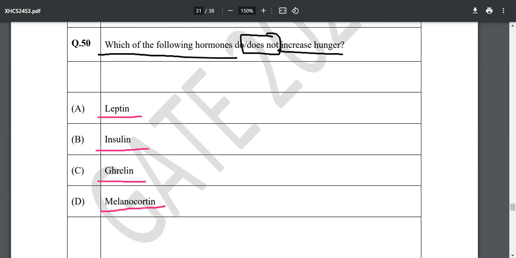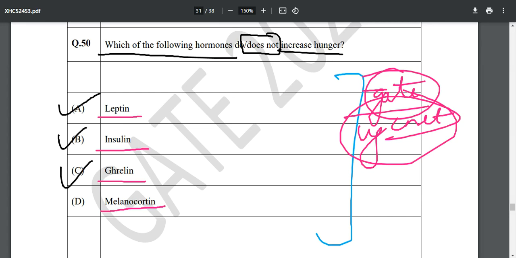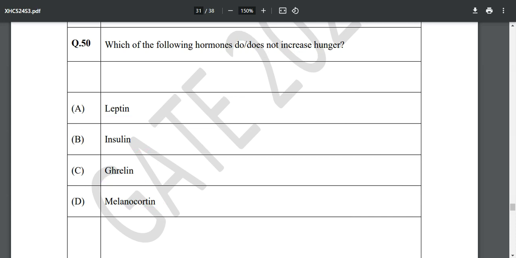This is a good question, but if you have solved the PYQs of not only GATE but also UGC NET, then you might be able to do this correctly, as you would have read in CSIR too. Leptin, insulin, ghrelin, these three do not increase hunger. If it had been orexin, then it might be a different case. So the correct answer for 50 is A, B, and C.